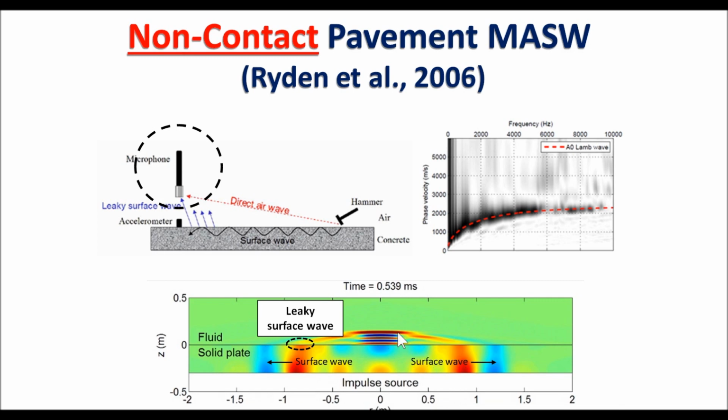Here is the numerical simulation that shows surface waves propagating along the horizontal direction inside solid material, but we see on the surface of this material there is a small amount of surface wave energy leaking into the air in the form of P waves, which are basically sound waves that can be picked up by this microphone. So he came up with this very nicely developed Lamb wave dispersion trend. So everything has become non-contact by this time, which means the measurements can move very quickly.